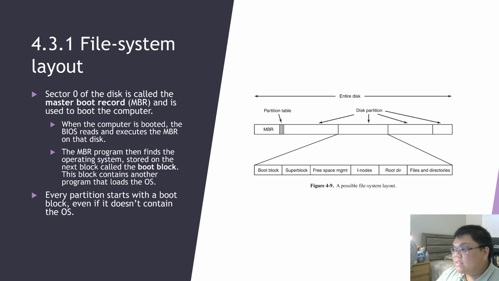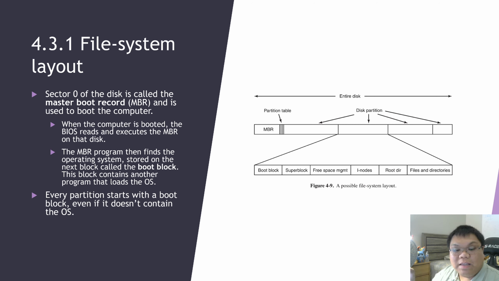So what is on the disk? There could be one, or there could be multiple disk partitions, but the very first thing on a disk is called the master boot record. That is used to boot the computer. When you start up the computer, the very first thing that starts up is the basic input-output system, or BIOS.